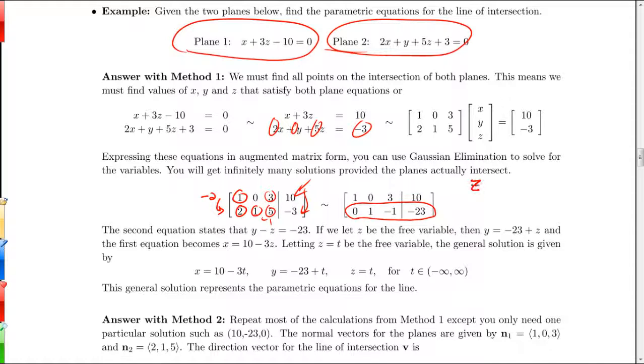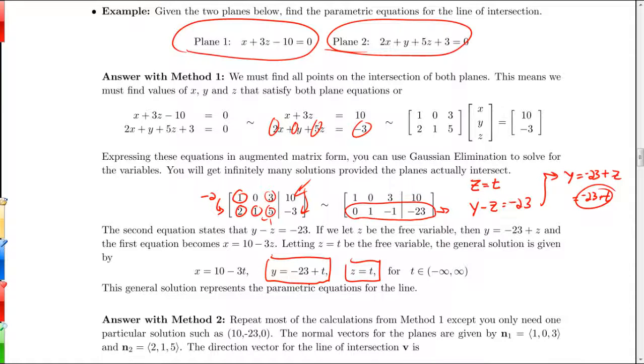So if I let z equal t, then this equation says y minus z equals negative 23, but that's just y equals negative 23 plus z. But z is just t. So that gives me y is negative 23 plus t.